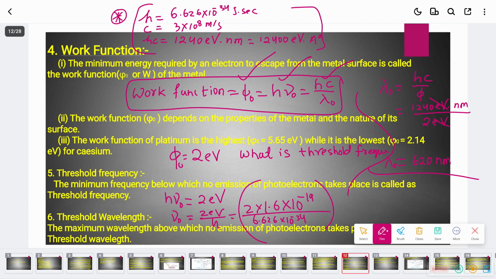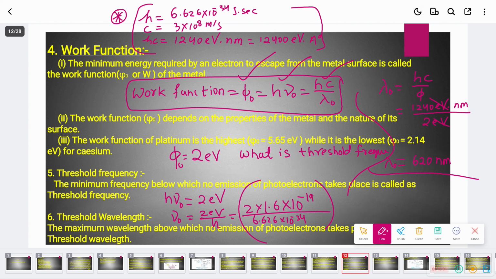Check the h value now. What is the h value? 6.626, or you can take 6.63. Trick means, directly remember 1240 electron volt nanometer for hc. Only write hc.